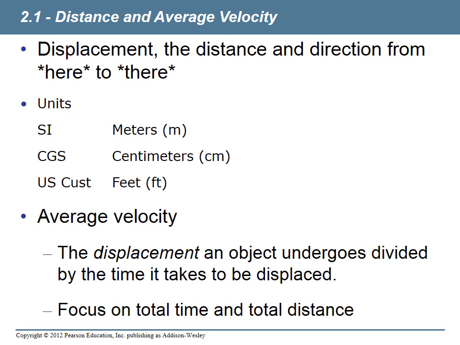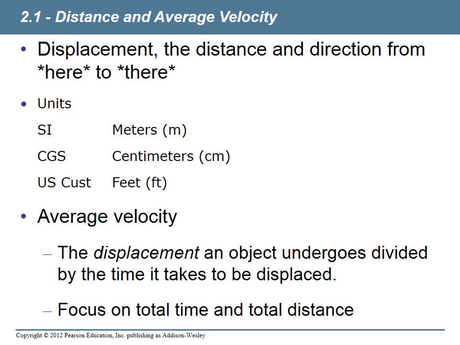Displacement is the distance as well as the direction from one place to another, from here to there. Some of the units for it in Standard International are meters, centimeters, grams, and seconds. And in US customary, the base units are feet.